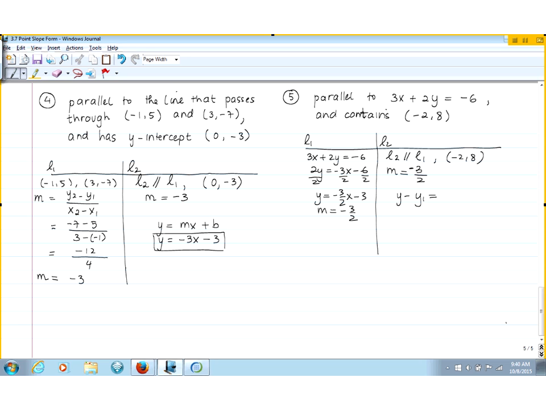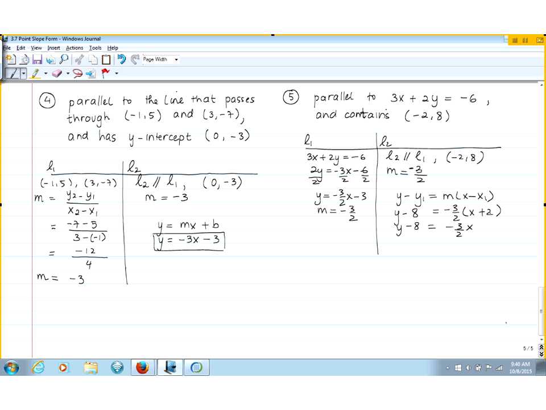Then what? y minus y1 is m times x minus x1. So y minus 8 is -3/2 times x minus -2. Can I just put plus 2? Okay. So it's minus -2. Now let's distribute this. What do we have?